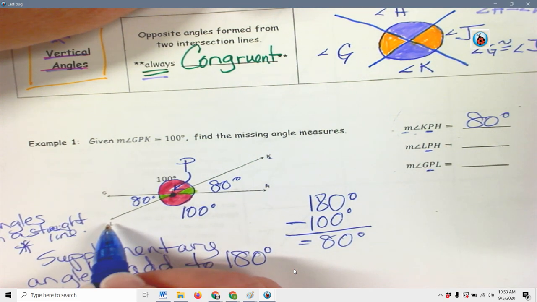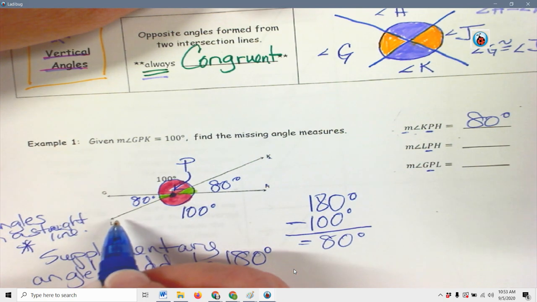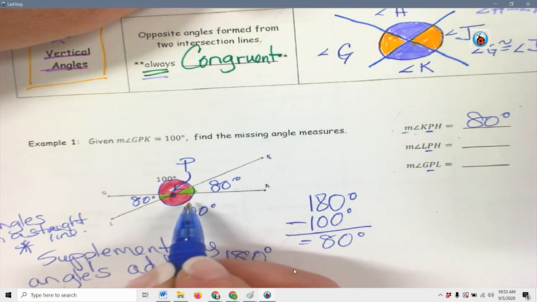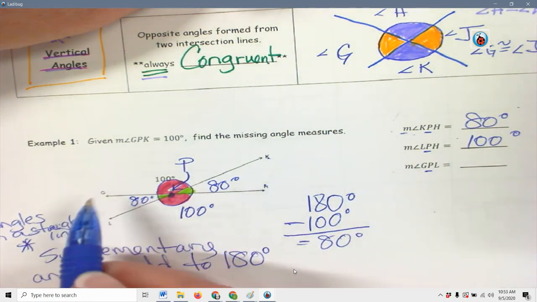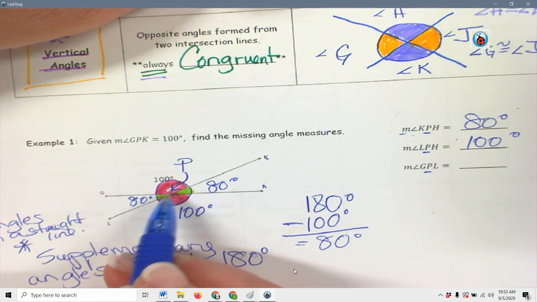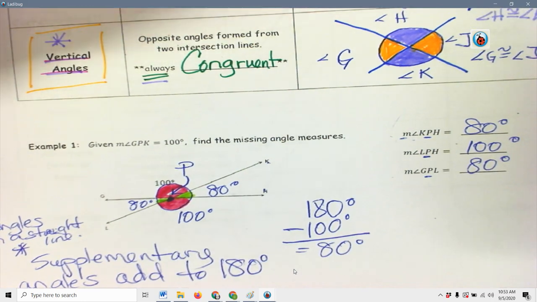LPH, here's our L. Then there's PH, okay, the endpoints. And then here's that angle in the middle is 100 degrees. GPL, 80 degrees again. And that's how we work example 1.